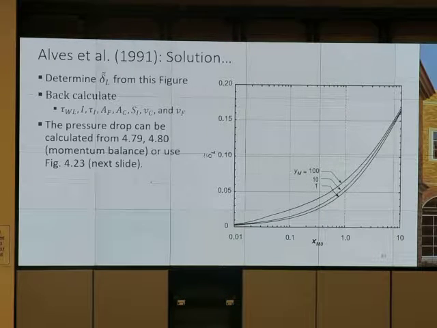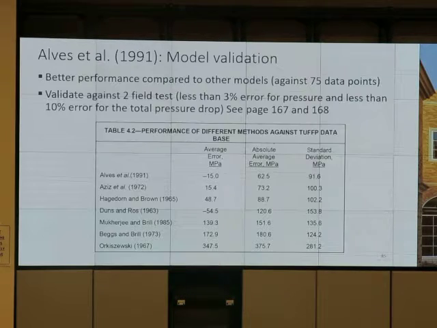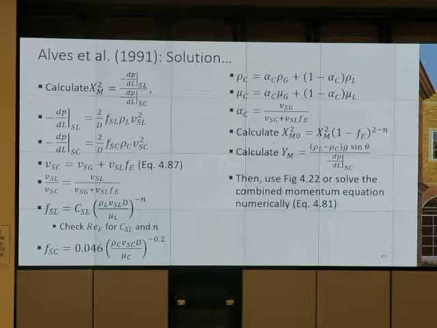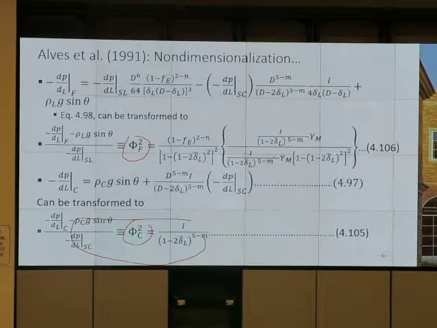But basically, step 1, you calculate xm0 to get delta L. After this, you don't use this part. You use that line. That is phi c squared. Get phi c squared based on delta L. Once you know phi c squared, you go back to the definition of phi c squared, which is, where is it?